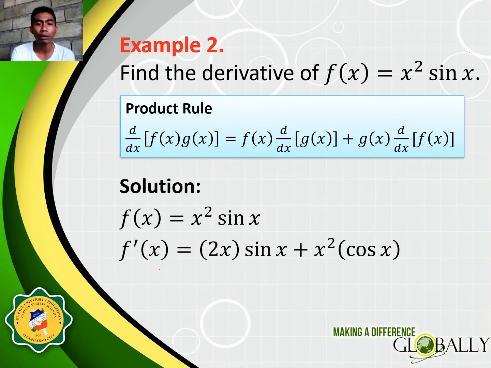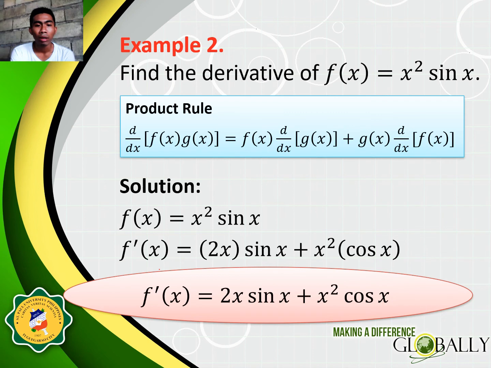Then the first derivative, or the derivative of f of x, is equal to the derivative of x squared, that is 2x. Bring down 2 to the left side of x, then less 1 to the exponent, times sine x, plus carry x squared times the derivative of sine x, and that is cosine x.